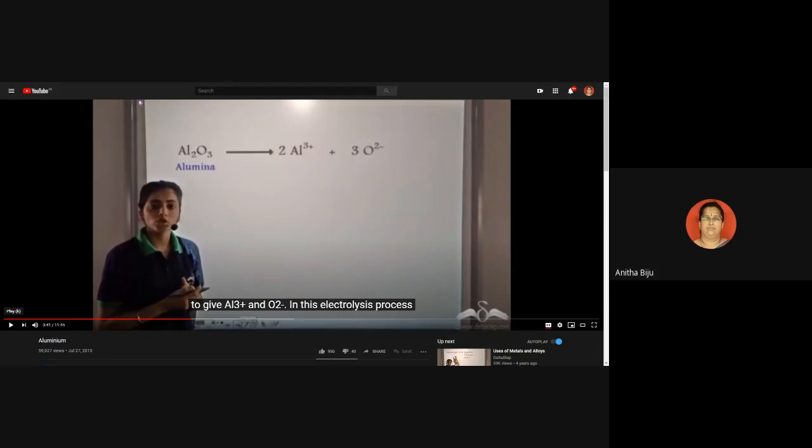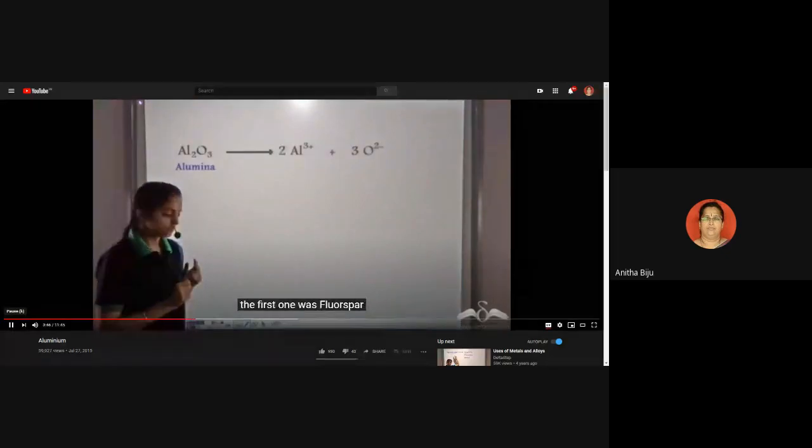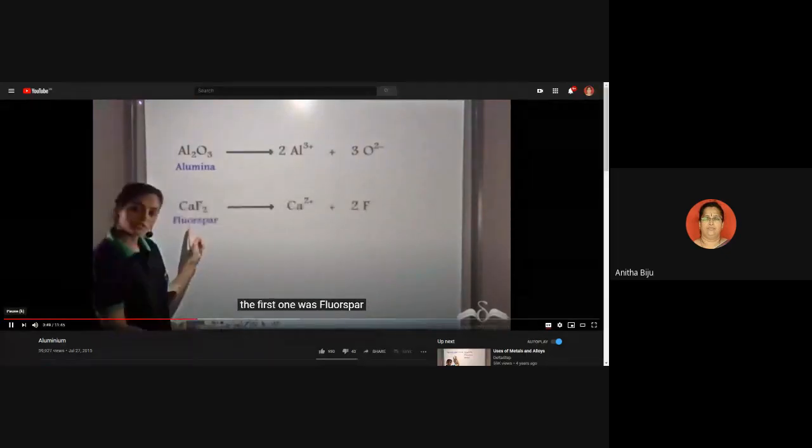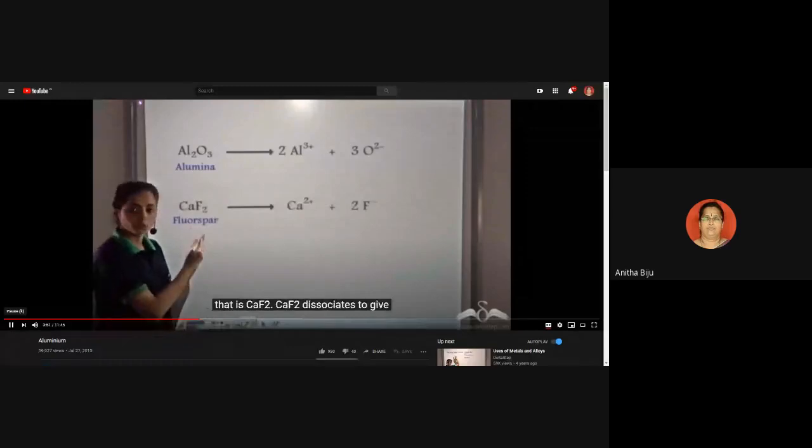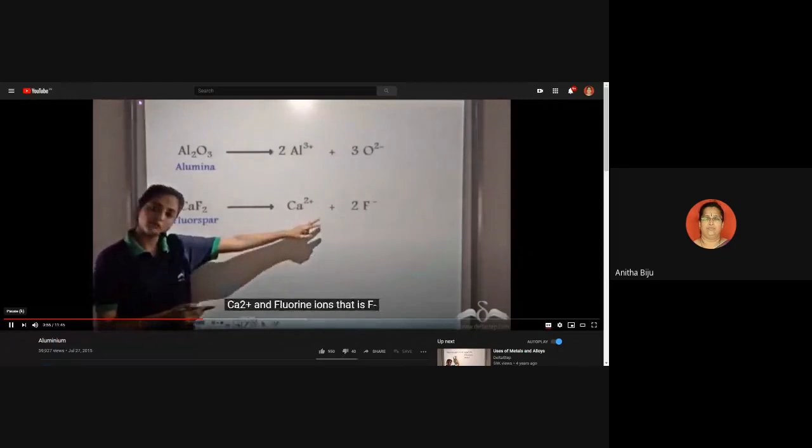One is aluminium ion and the other is oxide ion. So this is the first equation of the second stage. In the electrolysis process, they also used two other electrolytes. The first one was fluorspar, that is CaF2. CaF2 dissociates to give Ca2+ and fluoride ions, that is F-.